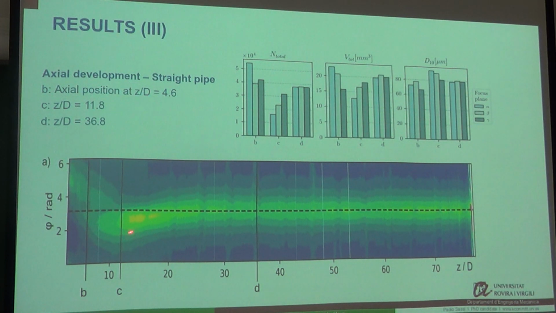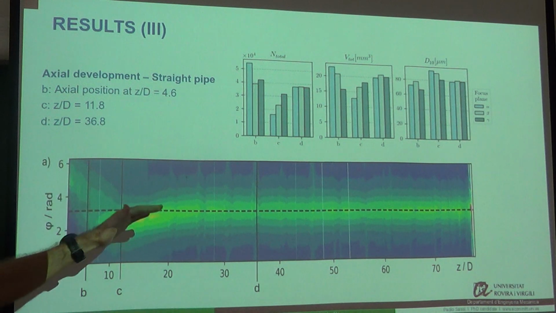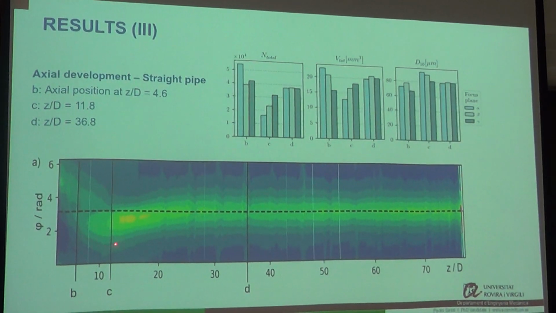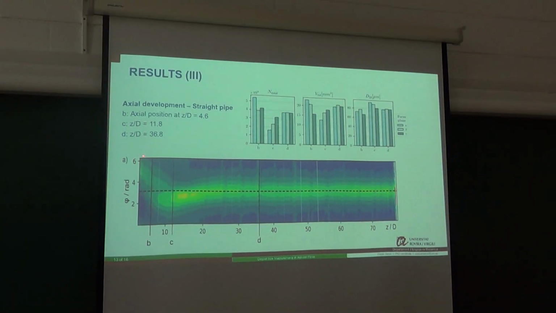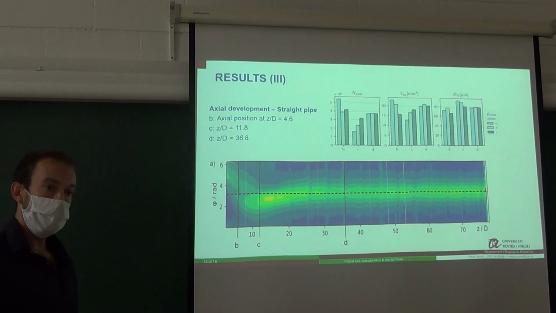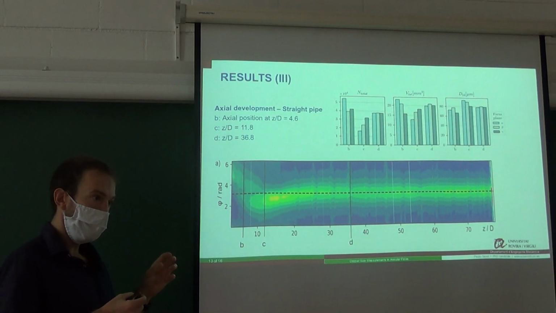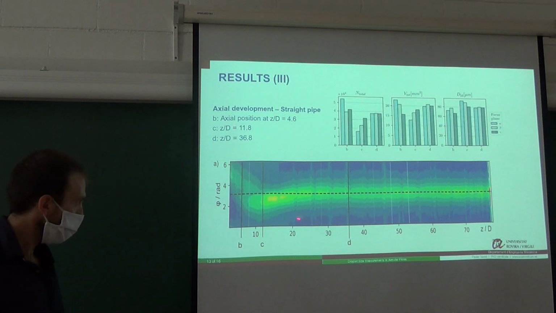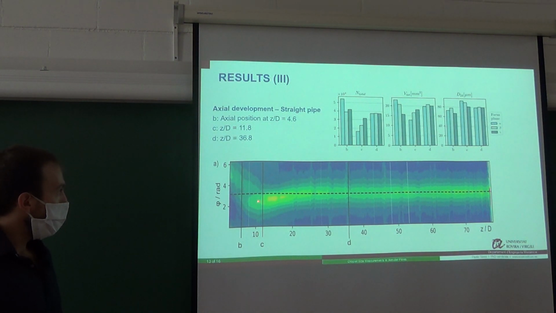We see that there's a slight deviation at the beginning. I assume this is because of the mixing chamber. The last nozzle was applying in this direction, so it makes a deviation. Also at the beginning there are only drops, there's no film, because the drops are injected with the nozzles as drops. And then the film starts to get thicker.